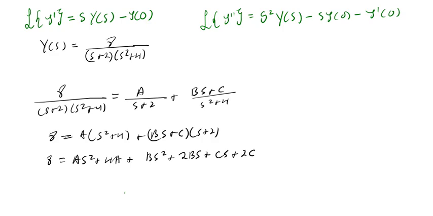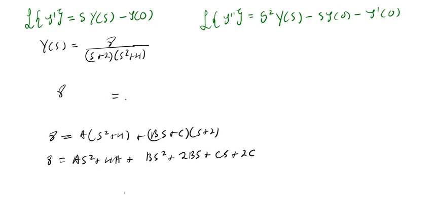Have I done the correct thing? Bs squared, 2bs, then cs and 2c. Okay, so that's what we end up with here.